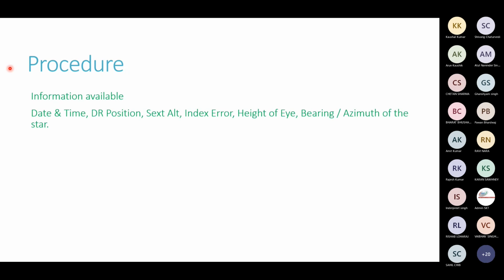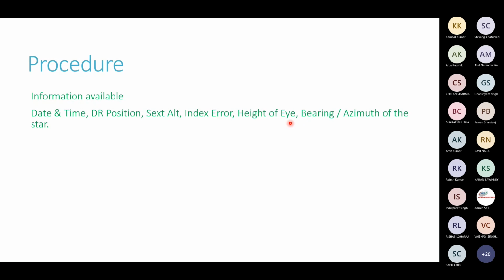Now, in these types of questions, the information available to us is the date and time of the observation. The DR position of the observer is provided. The sextant altitude, along with the index error of the sextant and the height of eye of the observer, is also given.